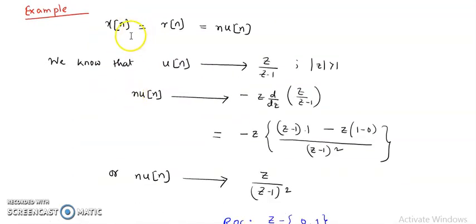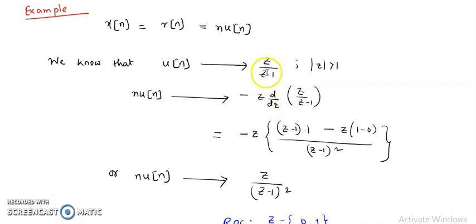Like if we take the ramp signal, it is given in continuous time by t into u(t), and in discrete time by n into u[n]. Now we know that the Z transform for u[n] is z by z minus 1, and its ROC is mod z greater than 1. If you multiply by n here, then you can write minus z into d/dz of X(z).